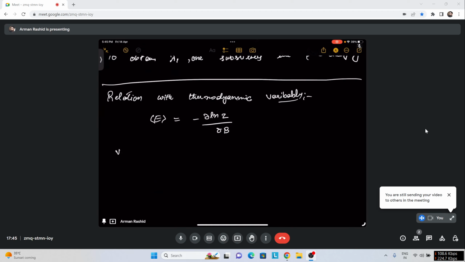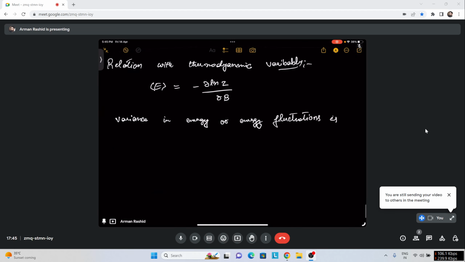So that means the variance in energy, or we can say the energy fluctuation delta E squared, will be given by d square ln Z by d beta square.